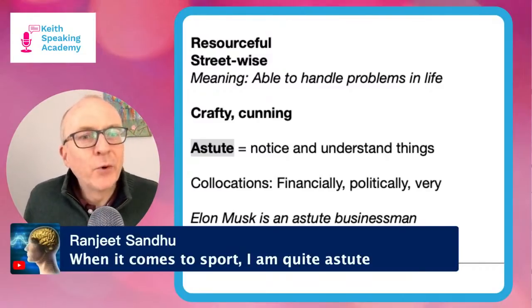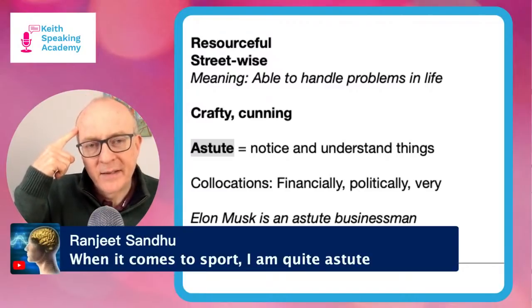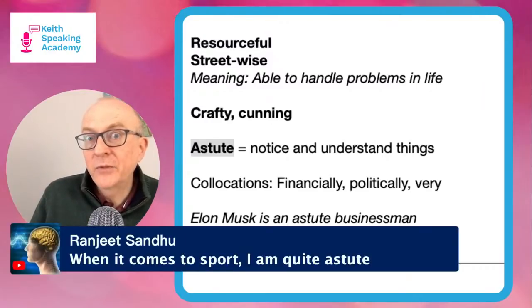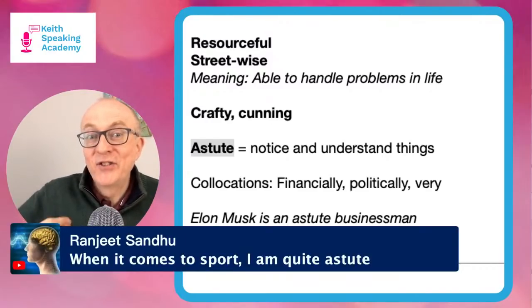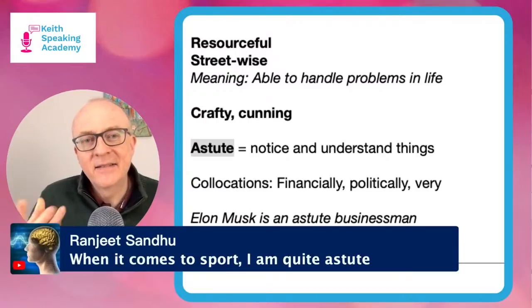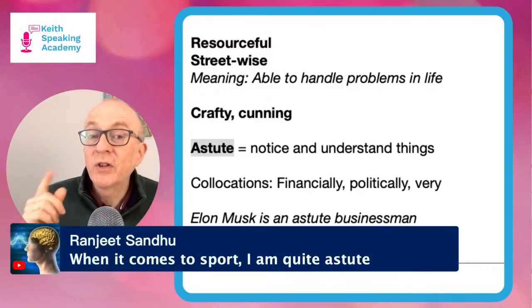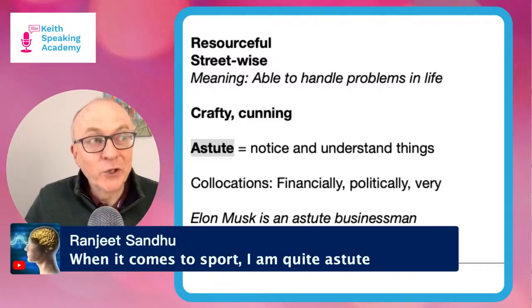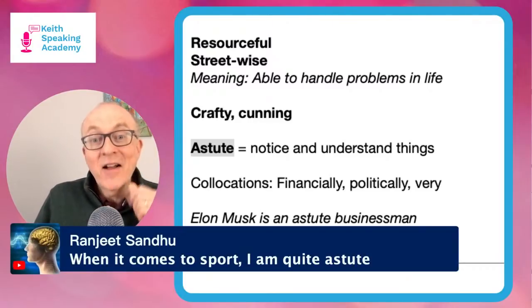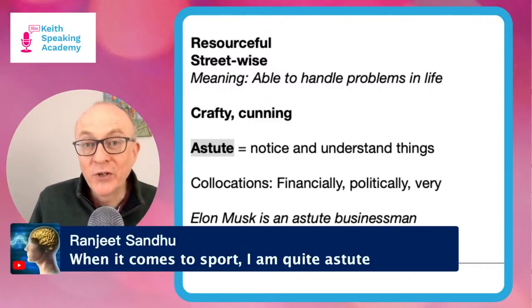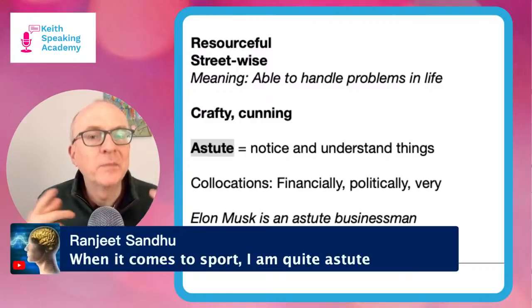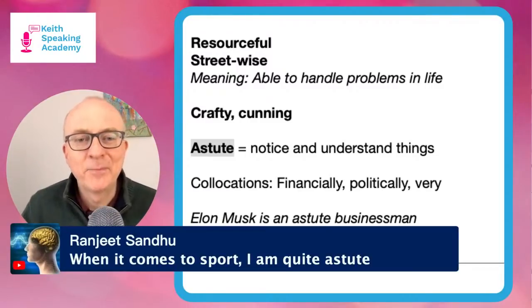But astute is more about your brain, I think, and noticing things. It's not a physical thing. If you mean you're really good at sport, then I think that's a different thing. This would be, for example, a sports commentator on the TV or a sports journalist saying, I'm astute, right? I can spot a good coach. I can spot a good player because I'm astute.